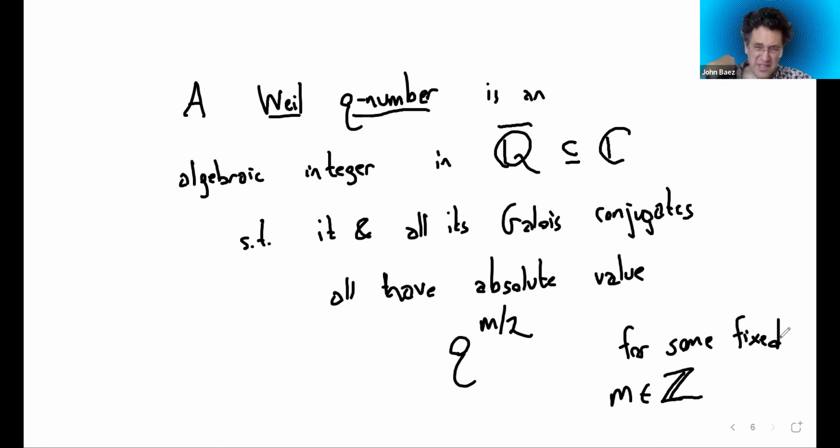So really, Milne talks about a Weil q-number of weight m.